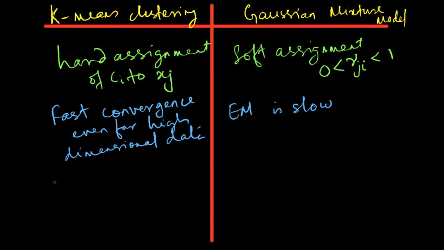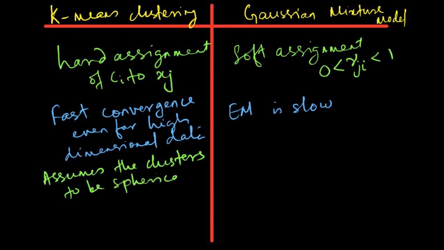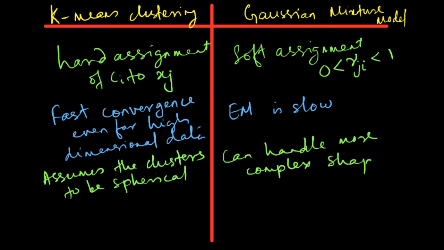One limitation of the k-means clustering algorithm is that it assumes the clusters to be spherical, but the EM does not make any such assumptions and can handle more complex shapes or other decision boundaries.